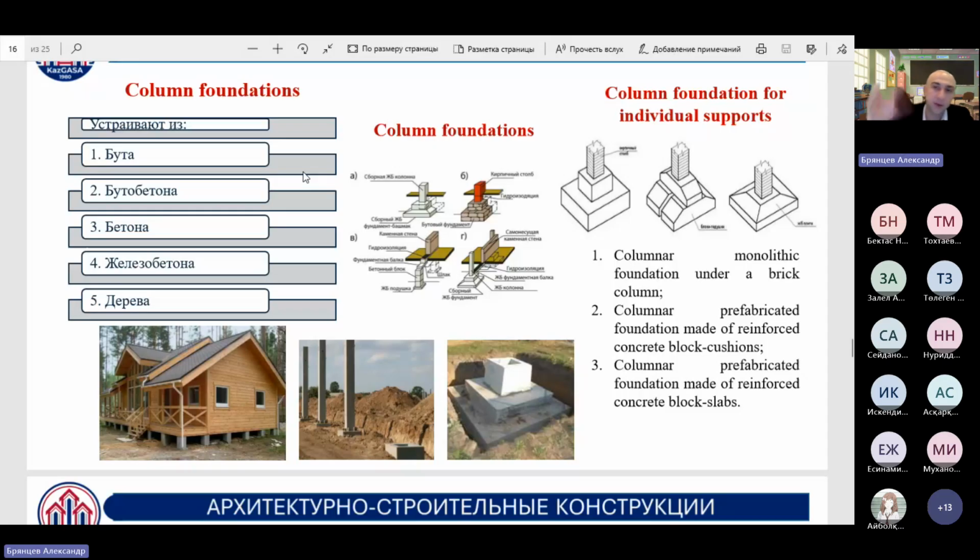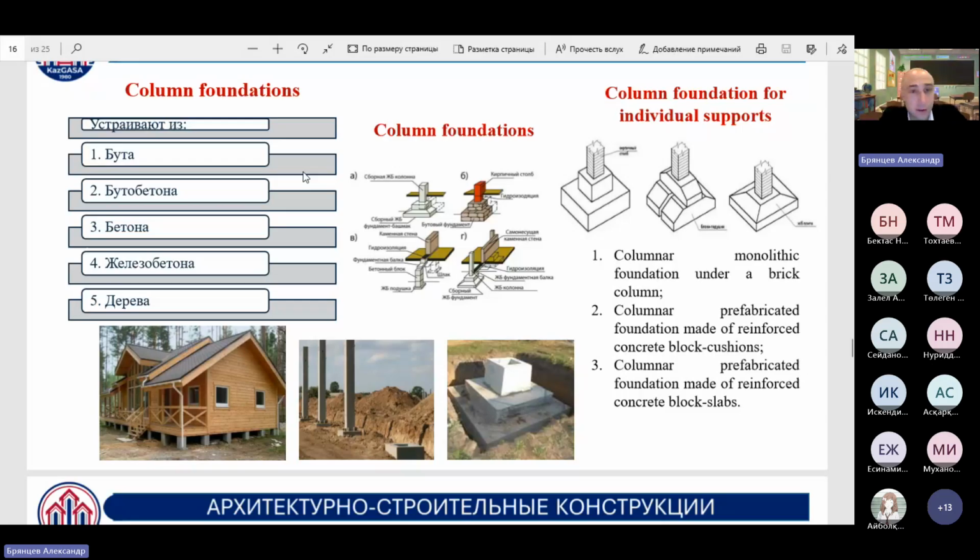So in various cases you can find the two names of this type of foundation. The column foundation is actually applied for lightweight buildings, like I told you previously, industrial buildings. It can be made from various materials.